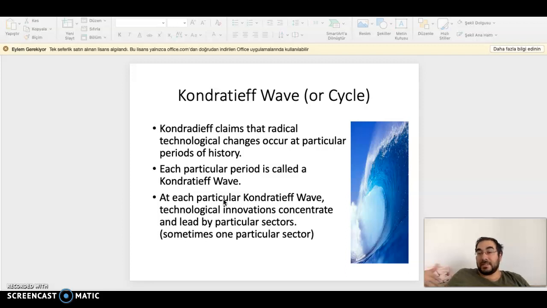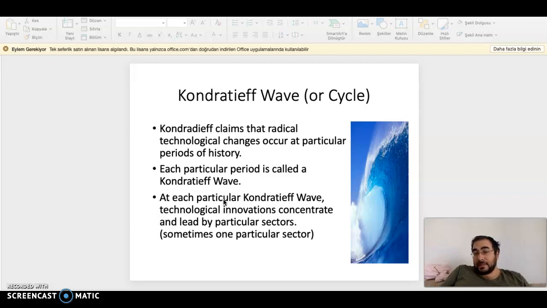Another addition to the Kondratiev model is that those innovations occur in specific sectors, because when one sector becomes, for one reason or another, the bearer or the carrier of the innovations, at that time most innovations and most investments will go to that sector, which means there will be more development. People who are interested in being innovators are also driven to that sector, and that sector becomes the main driver of the innovations in that era.